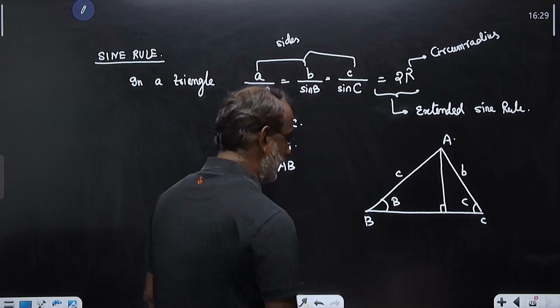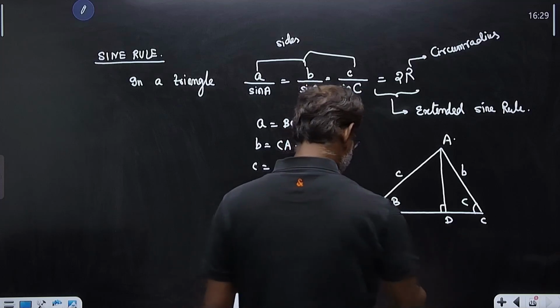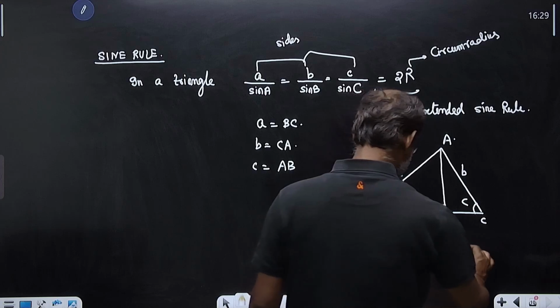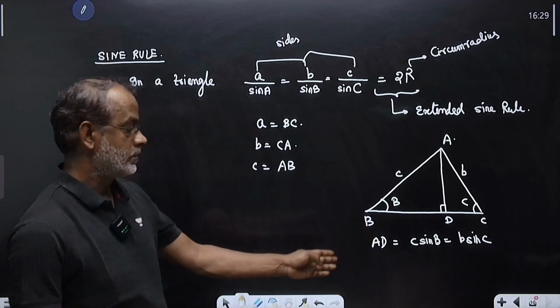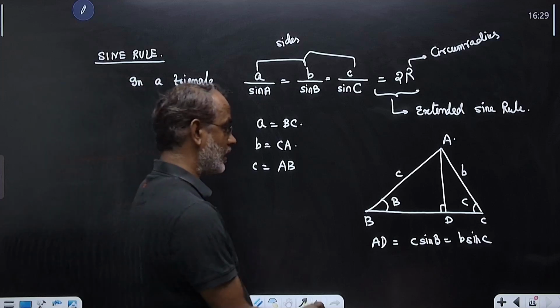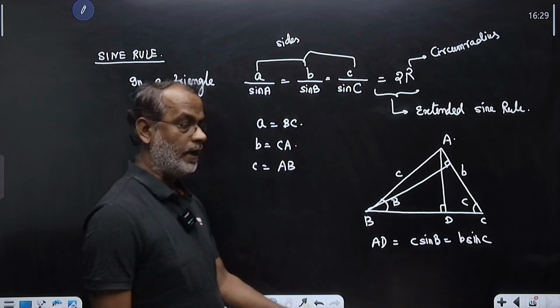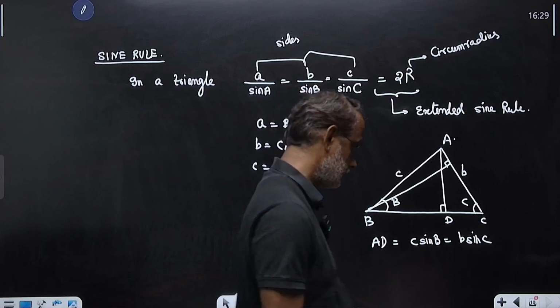So, what is AD in this right angle triangle ABD? c sine B, and in triangle ADC it is b sine C. So, c by sine C is b by sine B. Similarly, draw one more altitude and get to it. How do you get to 2R?